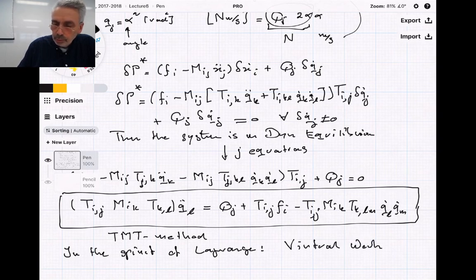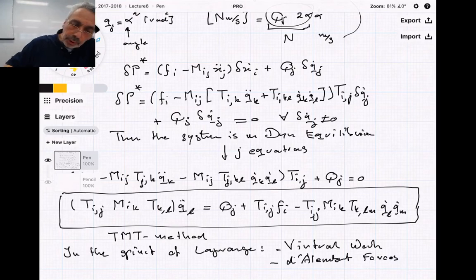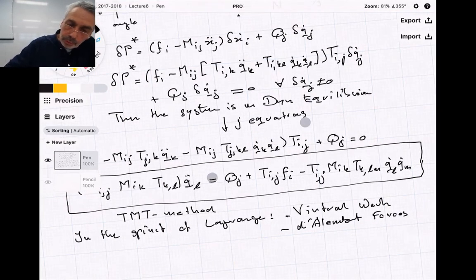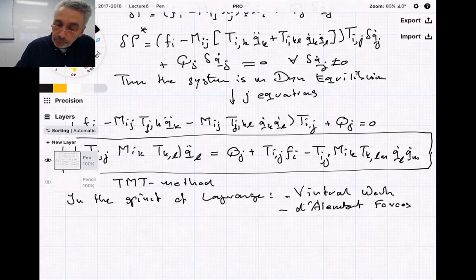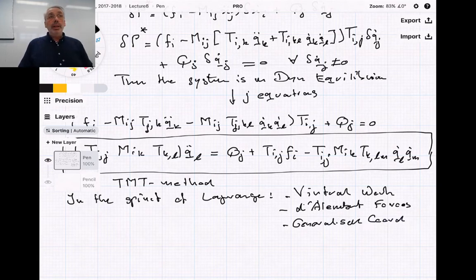Second was D'Alembert forces. And the last one is generalized coordinates. If you throw that all in a baking pan and you stir and you cook it, then you get your equation of motion.